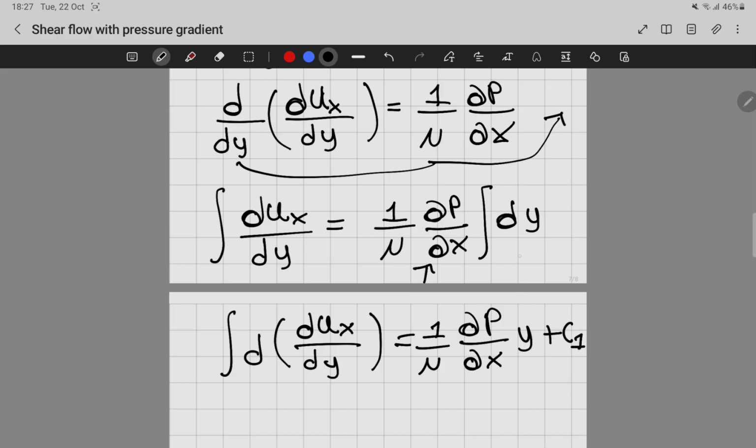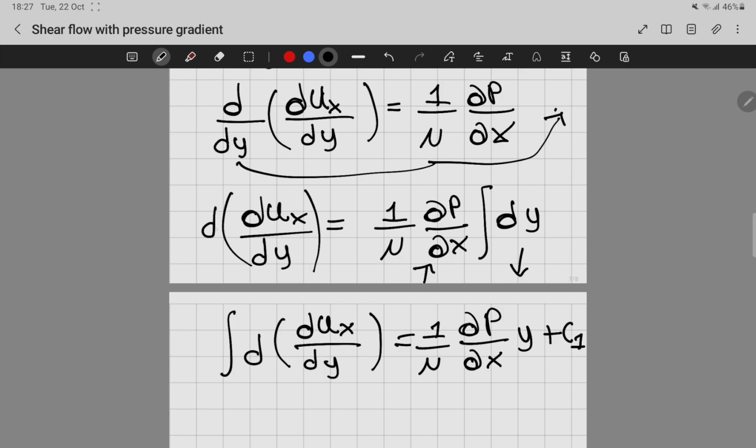So we integrate the right hand side, and then we have our first constant of integration. So I made a mistake here. This has to be actually here, because we pass the derivative to the right hand side.